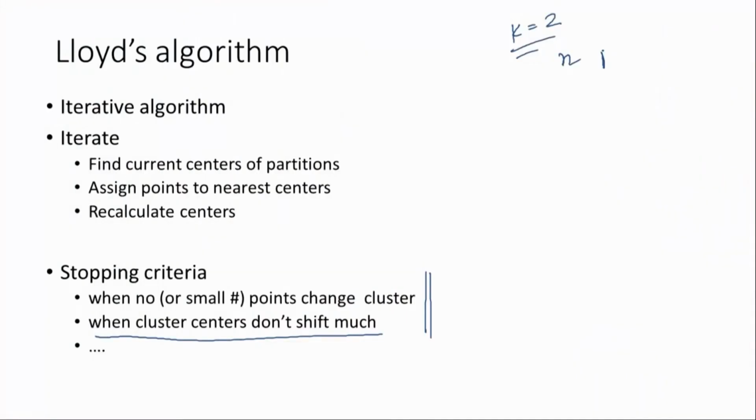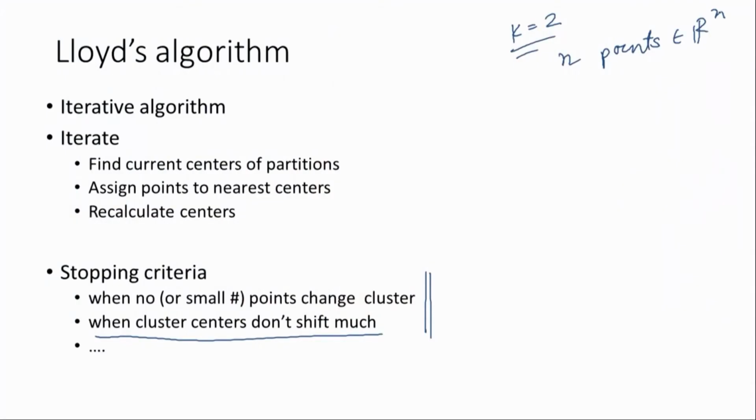Suppose you're thinking about k equal to 2, and suppose you have n points. How many possible clusterings are there? The number of centroids is infinite, because any point in the plane can be a centroid. Imagine these points are in R2.